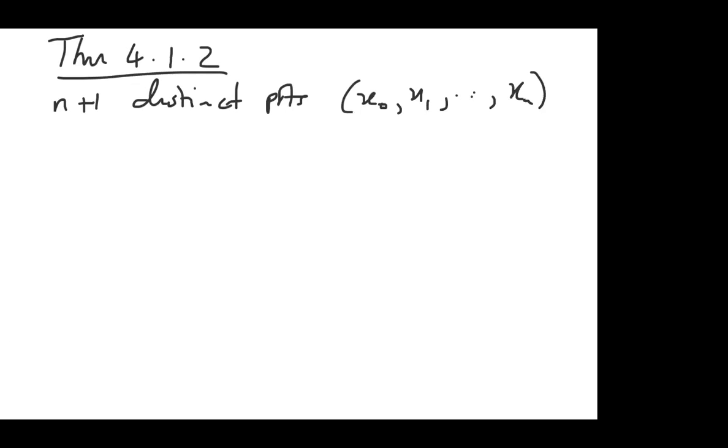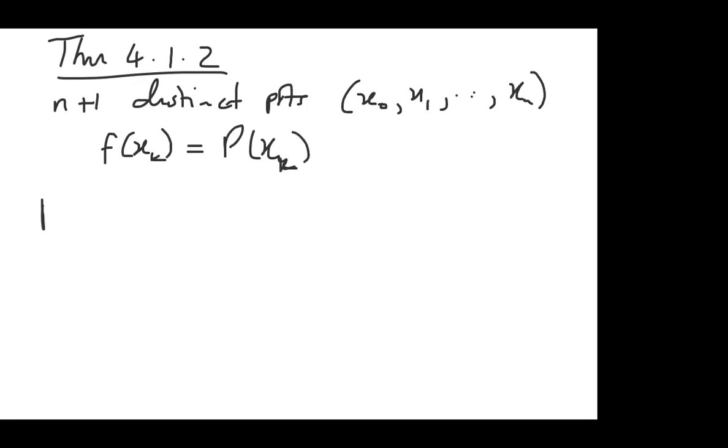And I'll get corresponding values of f from those. Then I'll be able to make sure that this polynomial p is interpolating the given data. That is, f of xk should be equal to p of xk. So at those given points, I need this equality to hold.